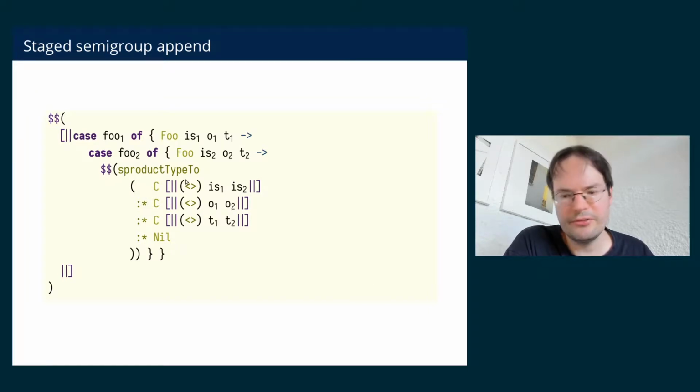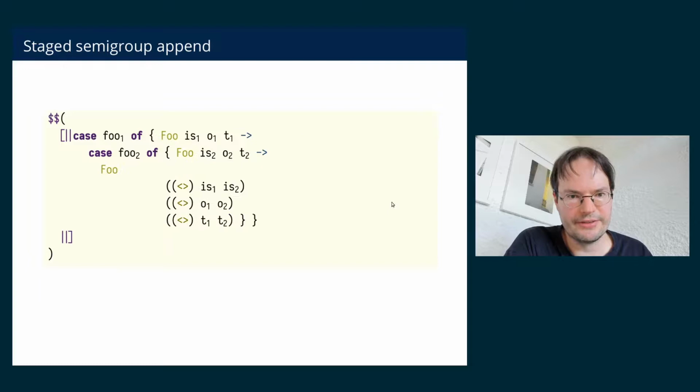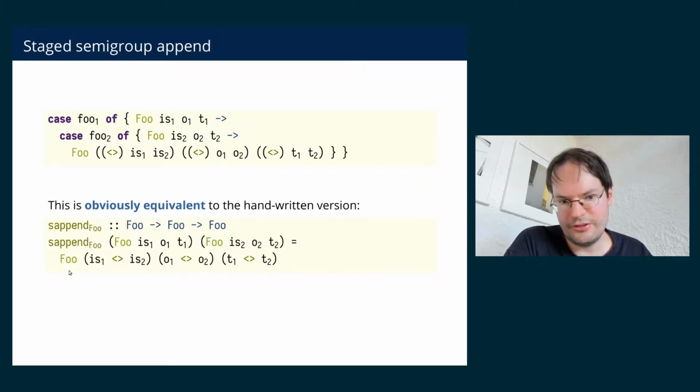And S product type 2 corresponds more closely to the normal product type 2 by just taking a product of code values and producing code for an application of the foo constructor applied to its three arguments. So we get this. And now we see that the top-level splice here cancels out with this quote, and if we rearrange everything, we get this piece of code. And interestingly, if we compare this to the handwritten version, then this is obviously equivalent, modulo basic desugaring.